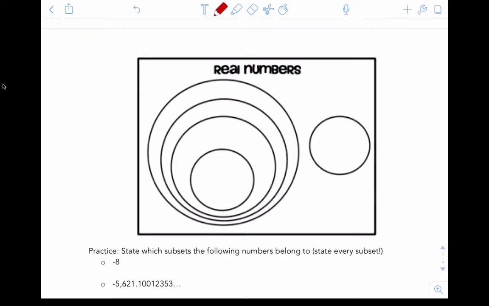I started with those counting natural numbers. That's my smallest group, and that's going to be right in here. All of those positive whole numbers would fit inside of this circle right here.